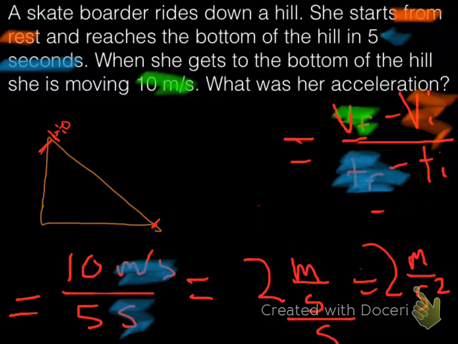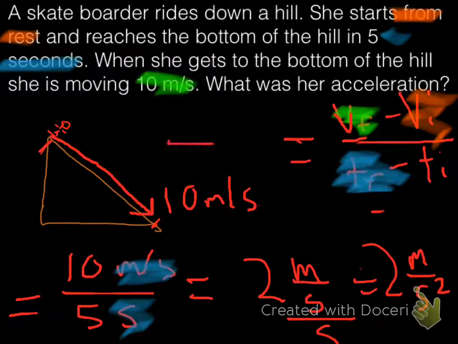And then also at the end, you want to check, is it a positive or a negative acceleration? Because that's how you can check if you got it right. In this problem, she's starting from rest and going down this hill, and she's speeding up. Since she started from rest, she ends at 10 meters per second. So she should be accelerating, which is a positive acceleration. If we look at our answer here, we get a positive 2 meters per second squared.